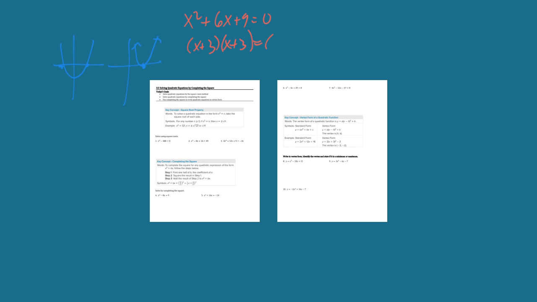Because the factors are duplicated, you just get one answer, x equals -3. So a graph like that would be touching the x-axis only in one spot at -3. Okay, so the real answers coincide with the zeros or the x-intercepts of that function.